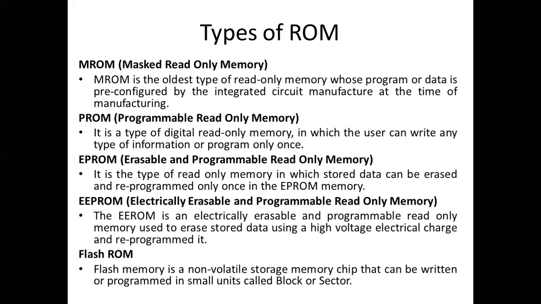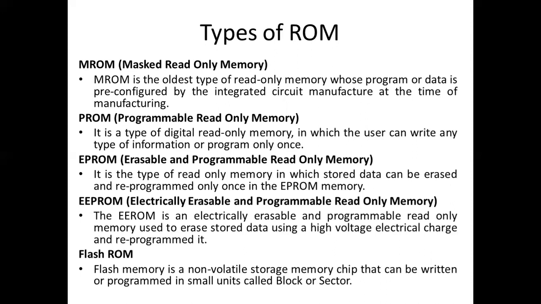Now the uncommon one is the flash ROM. The flash ROM is a non-volatile memory chip that can be written and programmed in small units or blocks. It's unlike the others that are written on the whole circuit; here you use small units.